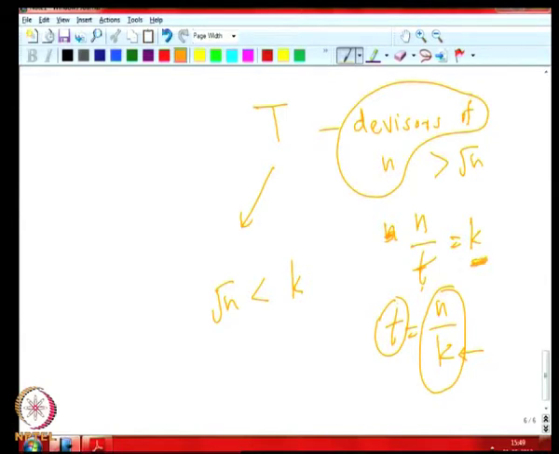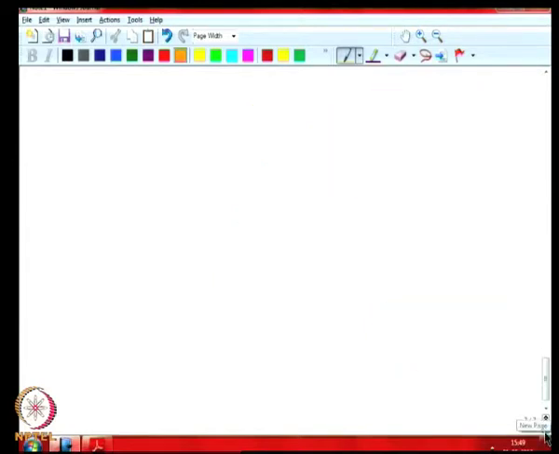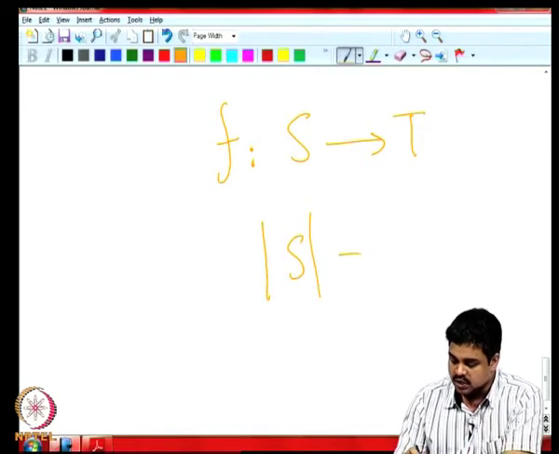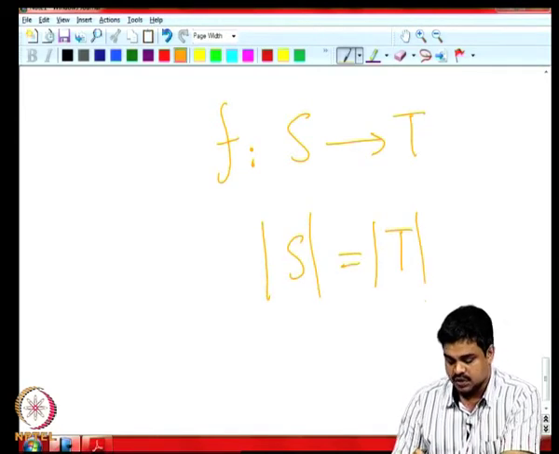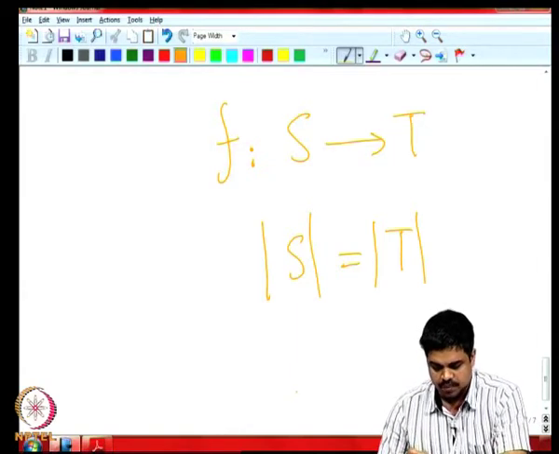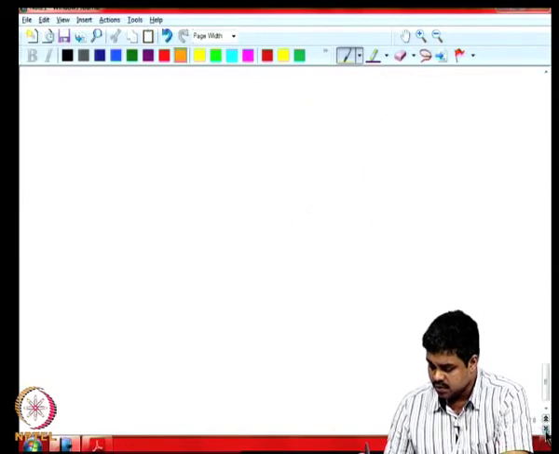So, therefore, there is a pre-image and there is indeed one pre-image, right. Because there is a unique one we are getting, it is quite easy to see. So, therefore, we have established a bijection f from S to T here, right. So, therefore, the cardinality of S has to be equal to cardinality of T the way we want it. The number of divisors of n strictly below root n is equal to the number of divisors of n strictly above root n.